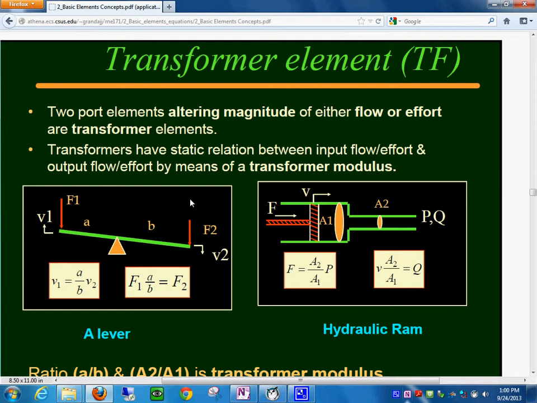This hydraulic ramp is a very good example. This one is especially interesting because on one side we have the mechanical side, and on the other side we have the hydraulic pressure side. This example that you see on the board is very similar to the system used in the brakes of your car.